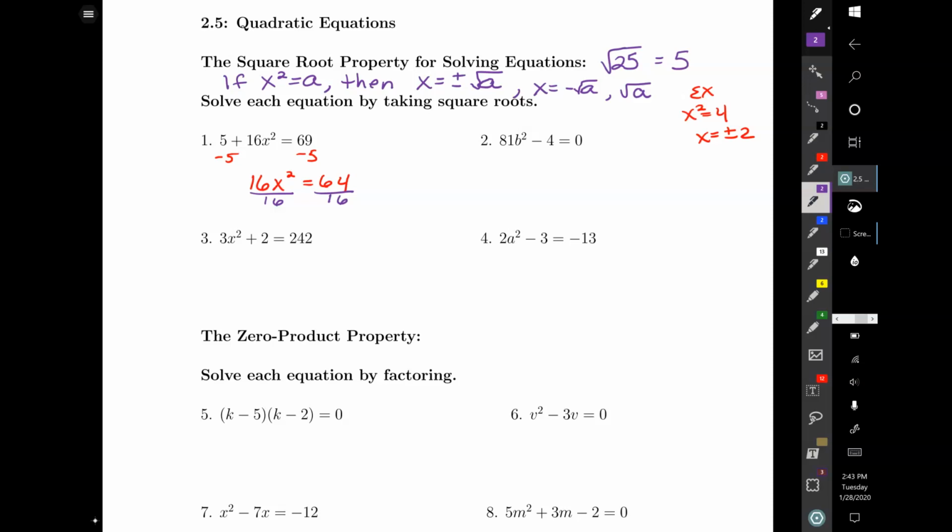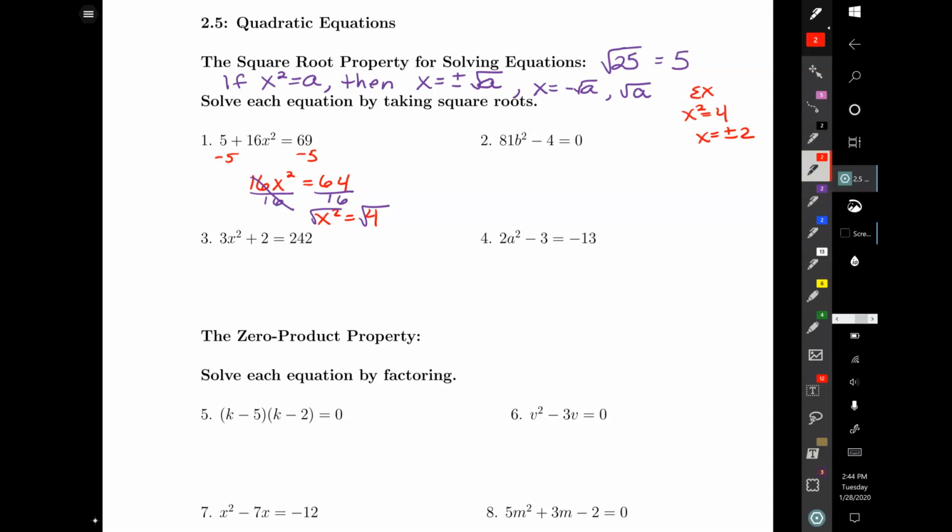So let's do that. We're going to divide by 16 on both sides, and we end up with x squared equals 4. And then we take the square root of both sides. We could have done it earlier on this particular case, but it doesn't always work out that way.